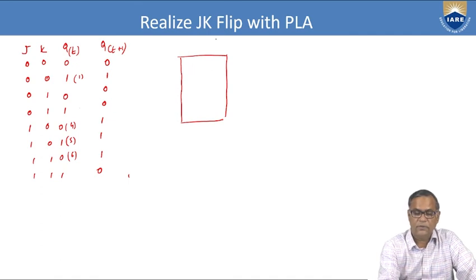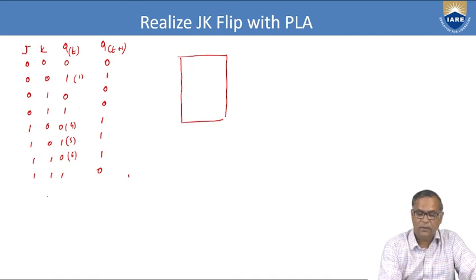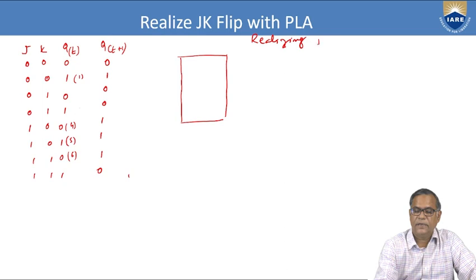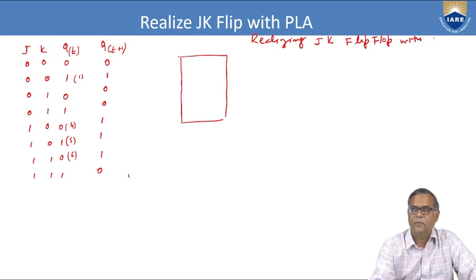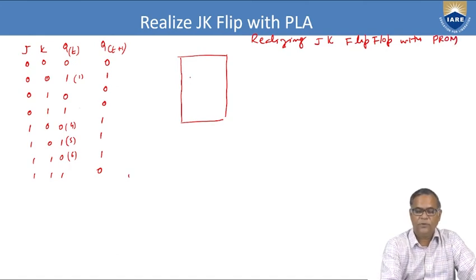So this is realizing JK flip-flop with PROM. So how many inputs does it have? It has 3 inputs.